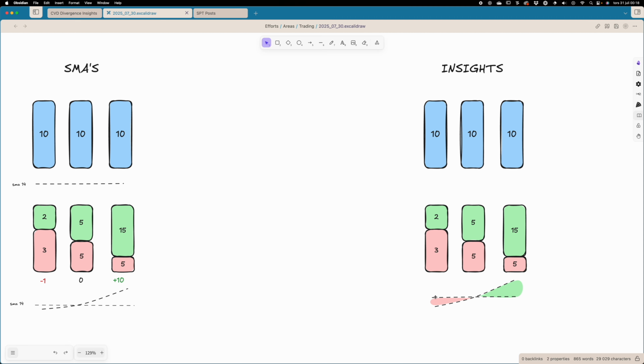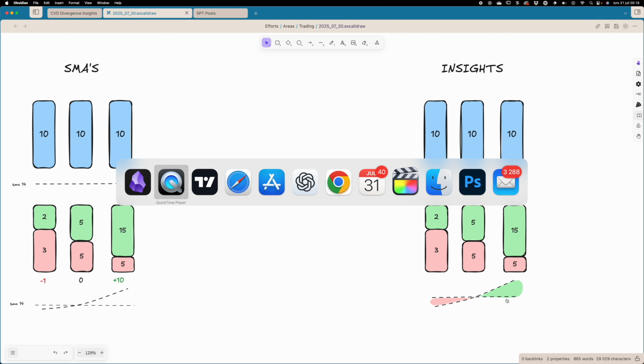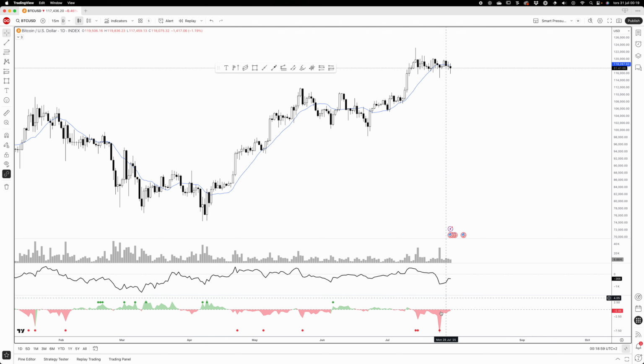So we can see that we started off with an aggressiveness of bears. We went into convergence, and then we went into quite a drastic divergence where bulls were expending a lot more energy than the bears. So that's how the Insights Indicator is calculated, and that explains these bulges on the Insight Indicator. So let's go over the different settings.